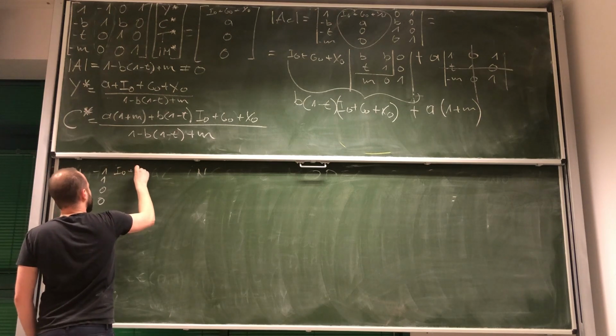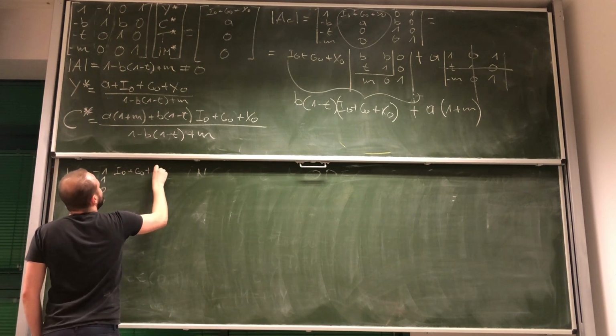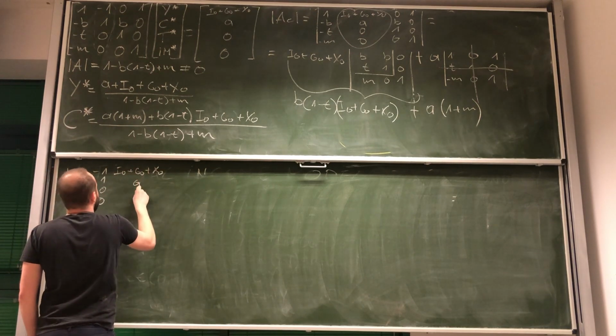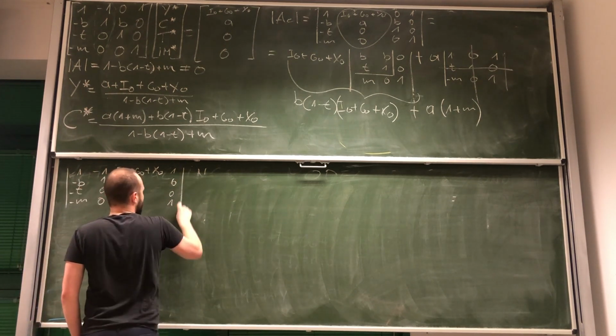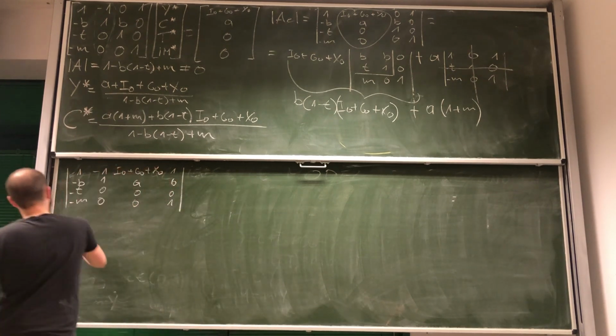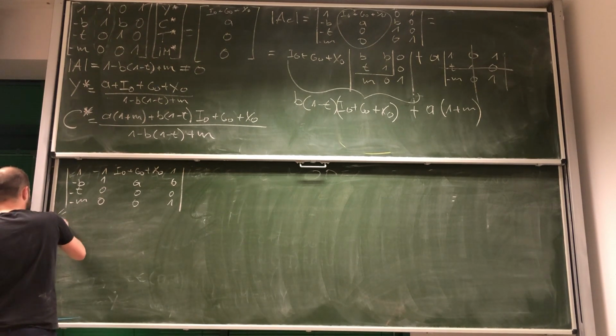I0 plus G0 plus X0, A0, 0, and we've got 1, 0, 0, 1. And this is of course a T.